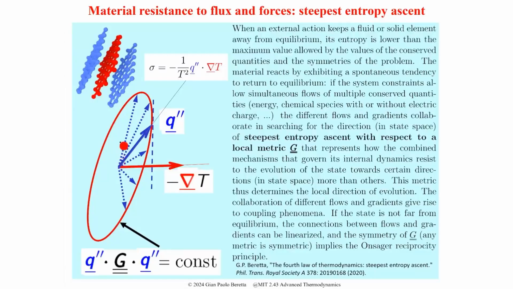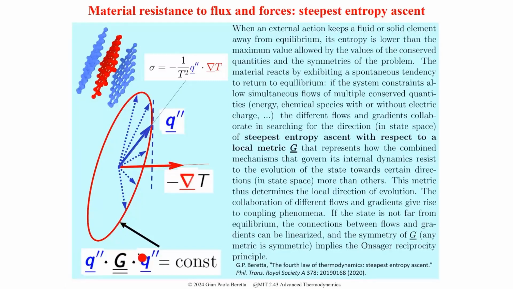How much would it cost me to go in this direction or in that direction? And so there is this tensor G, which I would call a metric. It's the driver of that logic. It measures how dissipative is moving in the various directions.